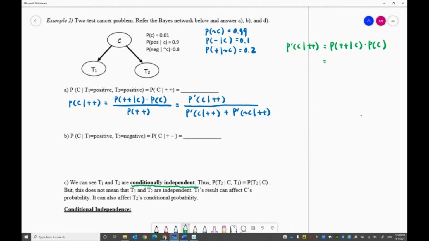So I can rewrite probability of positive and positive given C as probability of positive given C, that is tester 1, times the probability of positive given C, the second one is tester 2. Then probability of C is still there. So when they have the same condition, the same given, they work like independent. So just multiply.